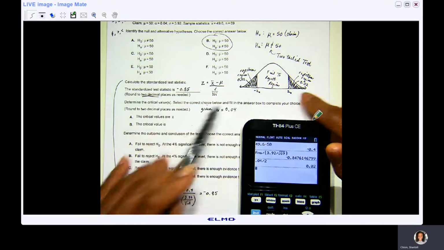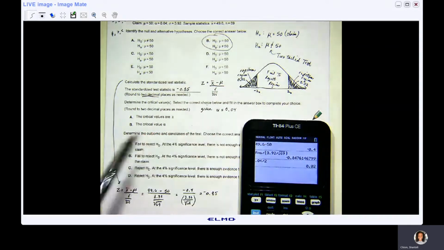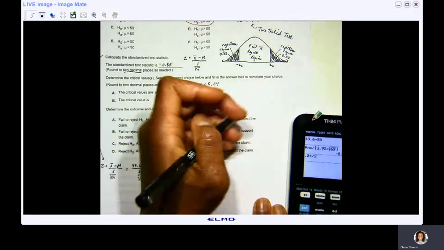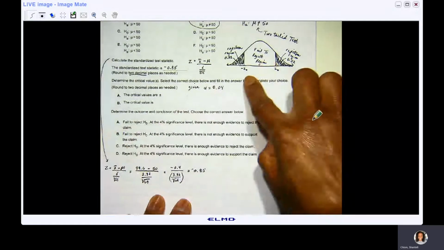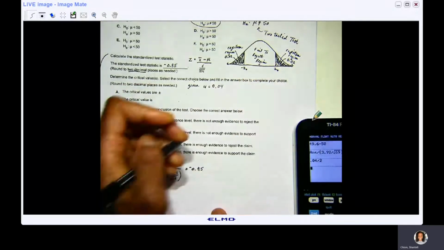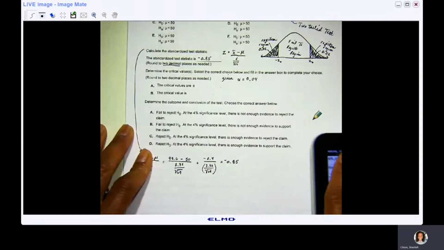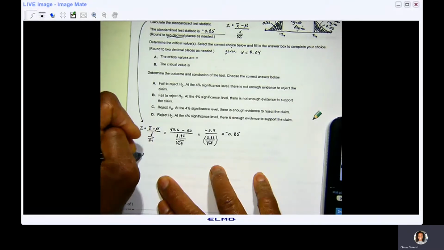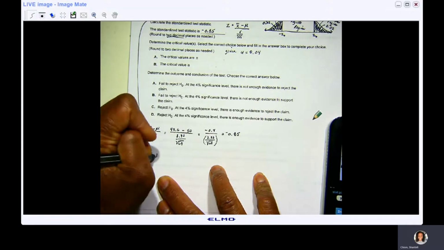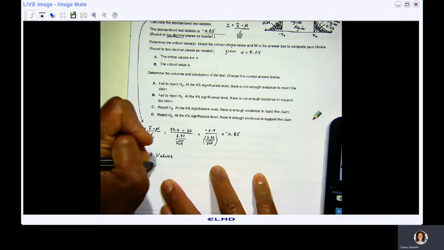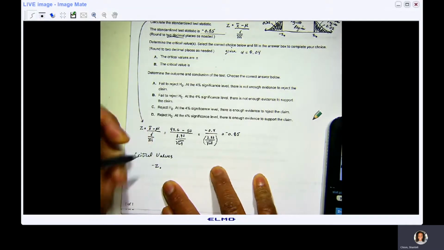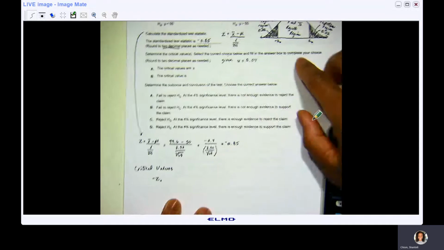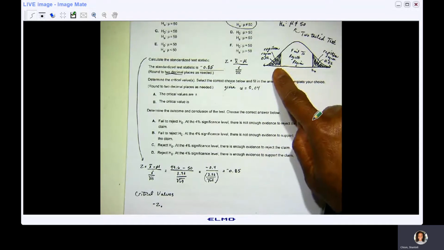Okay, so let's get what the critical values are. Let's say I want to find that one first. So let me put critical values, and let's get the negative z-score. So think about it. I'm given the area that corresponds to it.